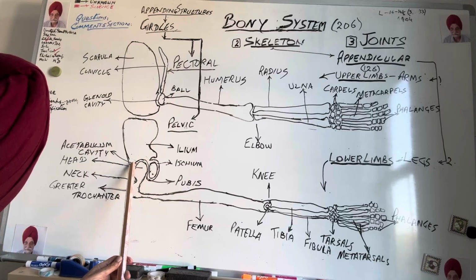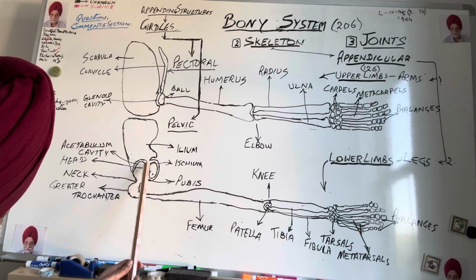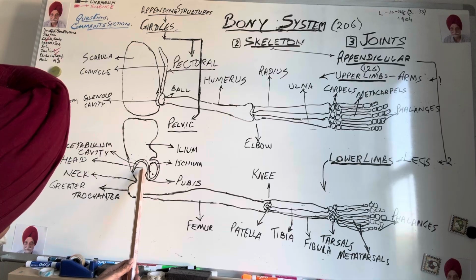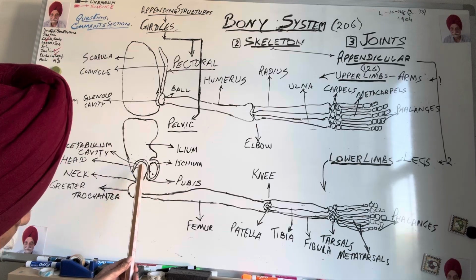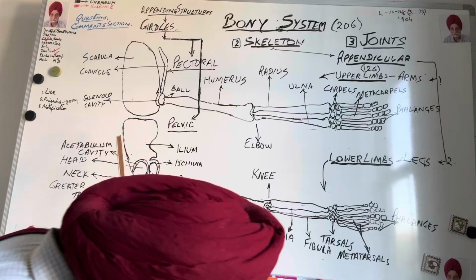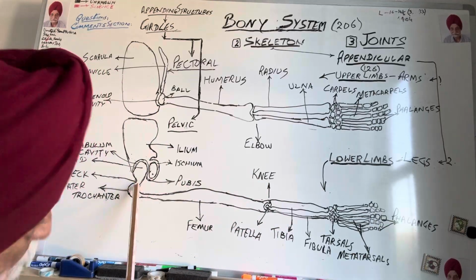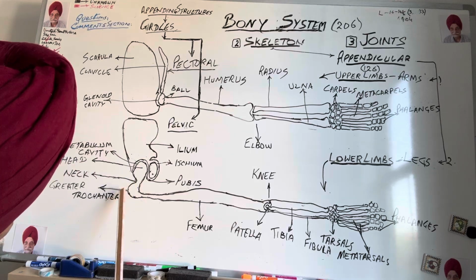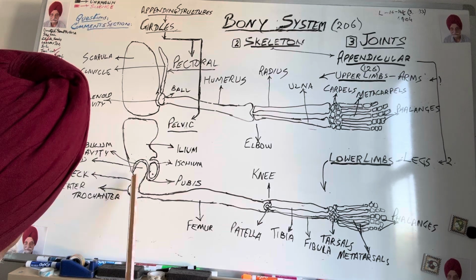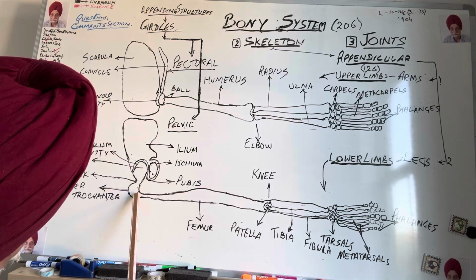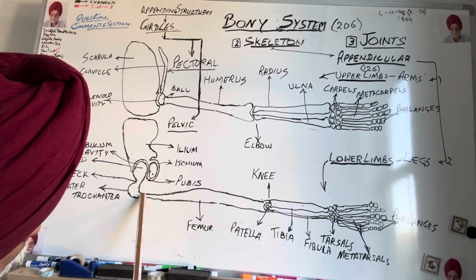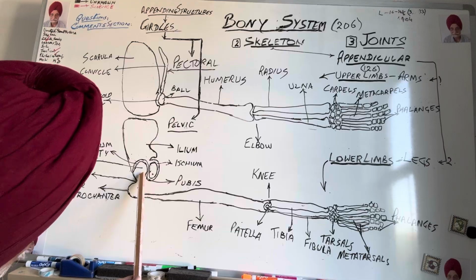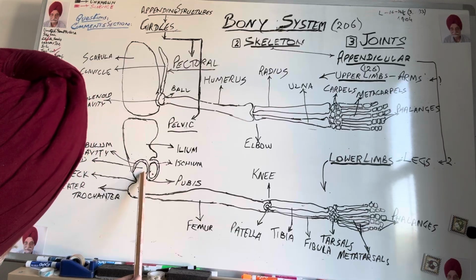And here is the acetabulum cavity, where comes the head of the femur. The head of the femur has a structure called the neck and a greater trochanter, a process by which the femur joins the acetabulum cavity.